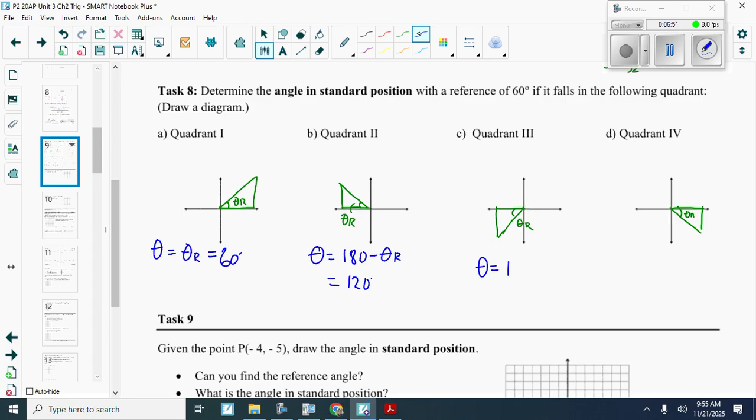Standard angle is equal to 180 plus your reference angle, so that's 240. And here our standard angle is equal to 360 minus our reference angle, which gives us 300 degrees.